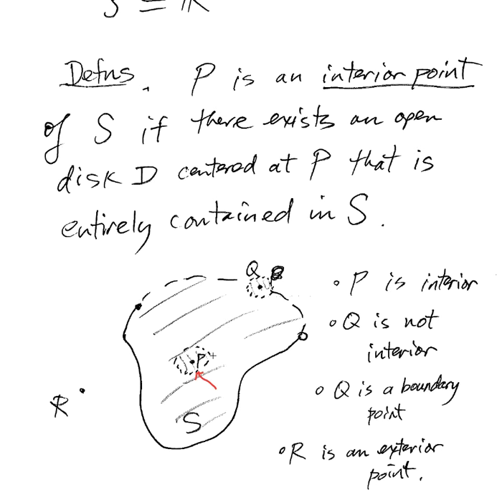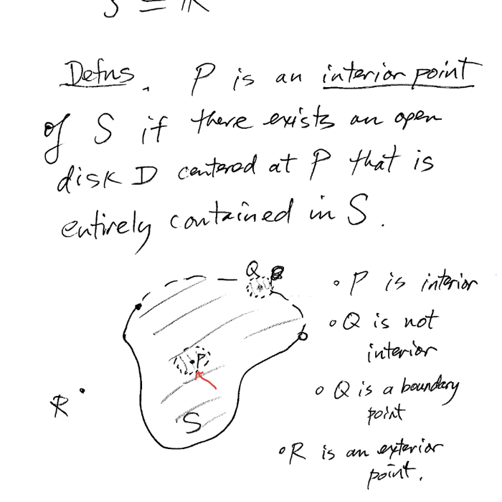I've got that statement written here: P is an interior point. How about Q up here? Q is up here on what we would call the boundary, and I'll explain more formally what the boundary means in a second, but just use your intuition. It's up here on this dashed curve, the boundary curve.